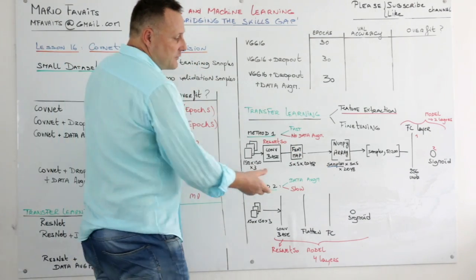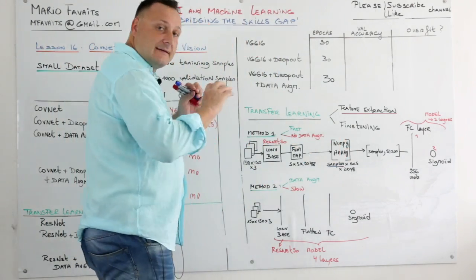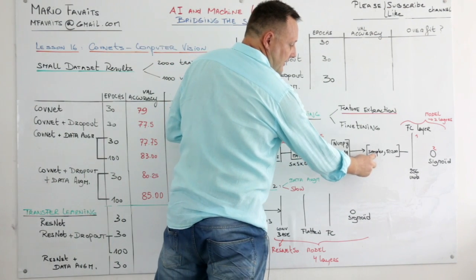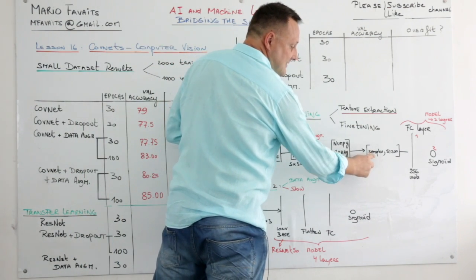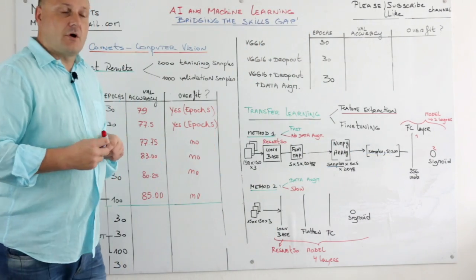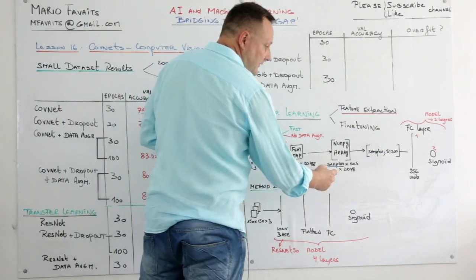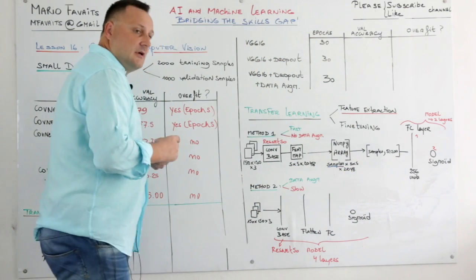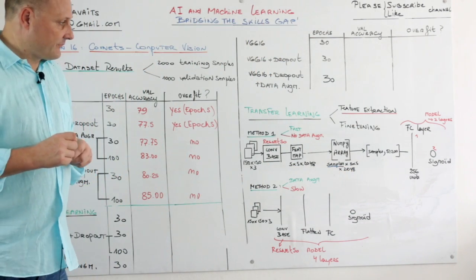So if you reshape that array and you flatten it, then you get an array of, in our training sample case, 2000 by 51,200 columns. 51,200 is 5 times 5 times 2048.